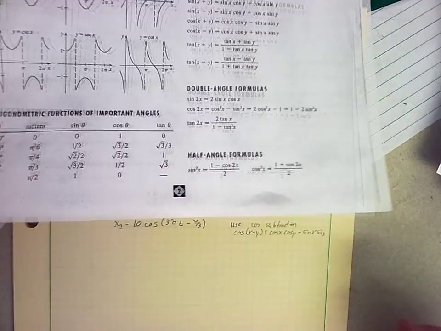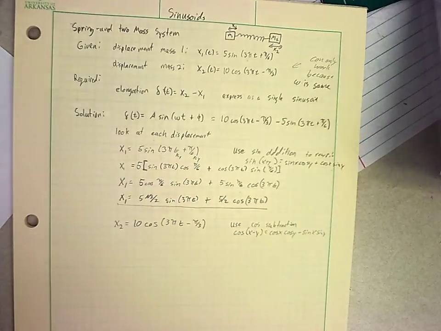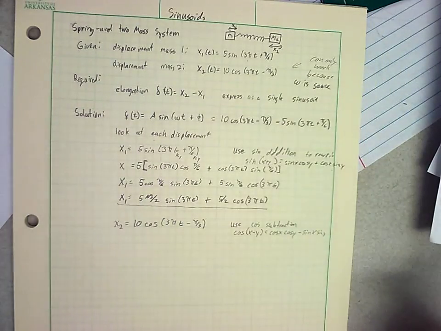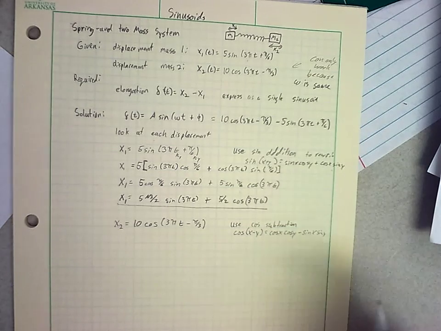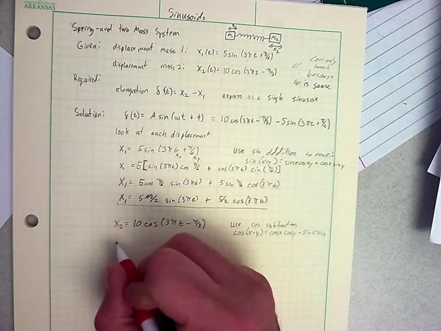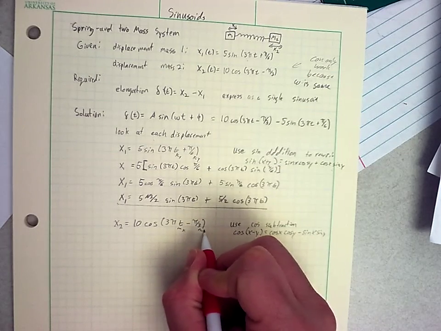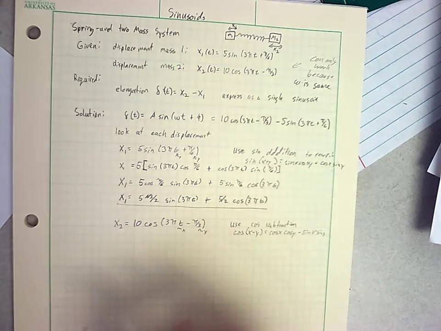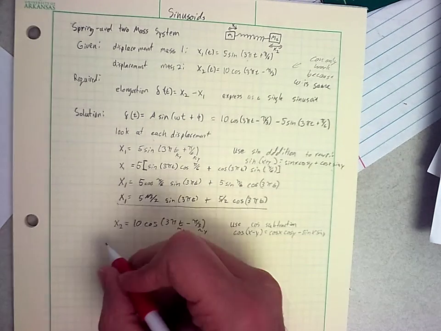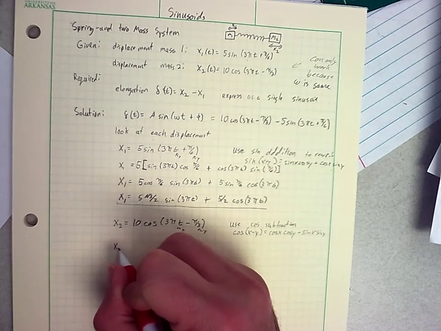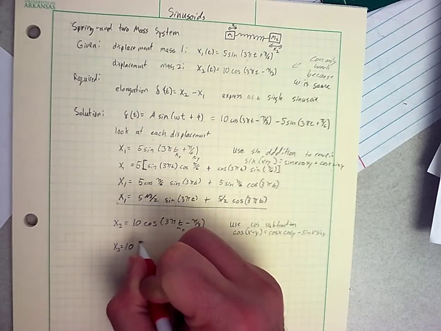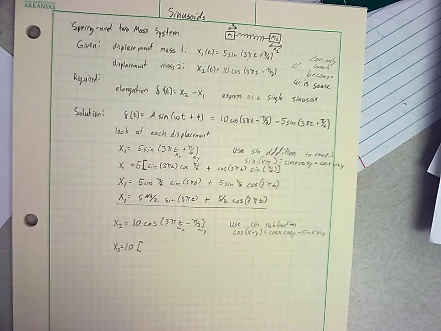And again, that's not something I would expect you to have memorized, but hopefully you're putting it on your reference sheets so that you can access it quickly. So if I rewrite this in terms of that, remember this is going to be x, this is going to be y. So x2 is 10, got to keep my amplitude out front.